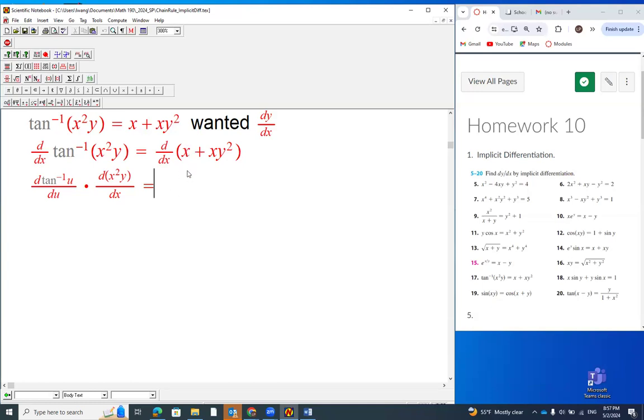The derivative of x equals 1. The derivative of this product, we're going to write in two terms. The derivative of x is 1 multiplied by y squared, plus the derivative of y squared. For the derivative of y squared, we're going to use the chain rule again. It's going to be 2y dy dx.